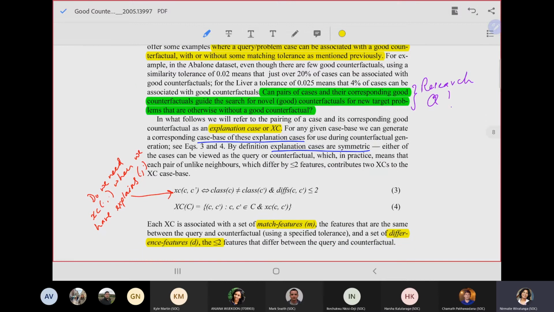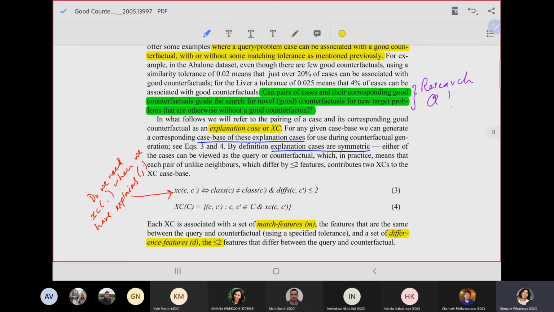This is the idea that when we pick up a case and it's counterfactual, we want to make sure that the difference of features is less than or equal to 2 and that their actual classes are also different. Then we say that XC is an explanation case for a case C and its counterfactual C prime.